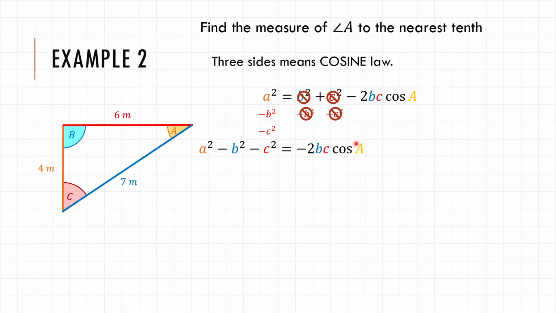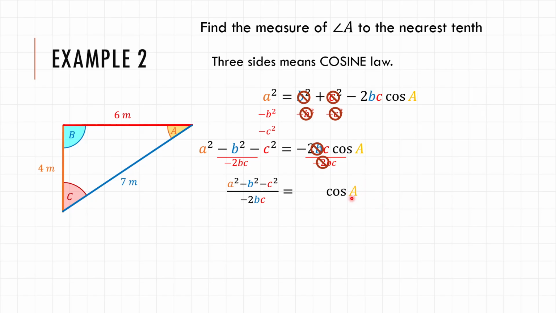All of this is multiplication, so I can divide the entire side by negative 2BC, and that will cancel out this entire number here, as well as canceling out the division. And then, of course, I have to do the same thing to the other side. I have to divide this entire expression by negative 2BC. And now this is what I end up with.